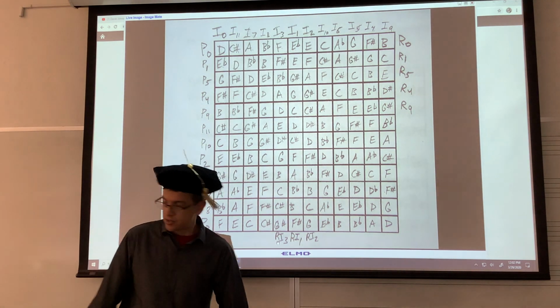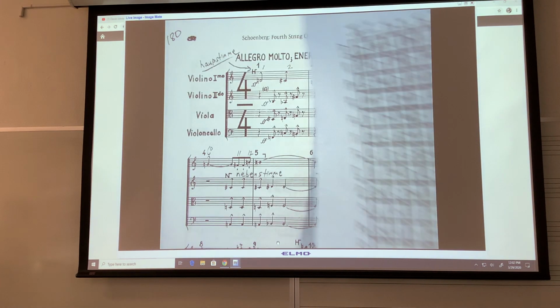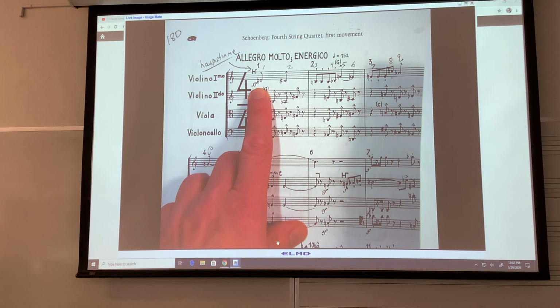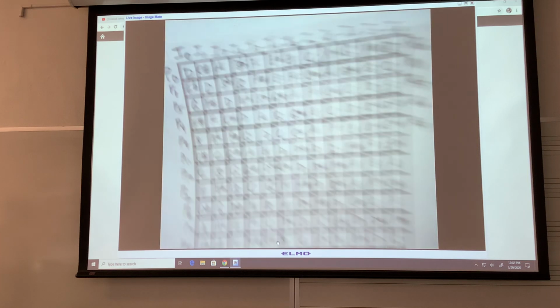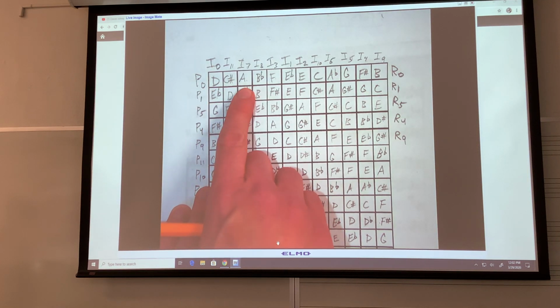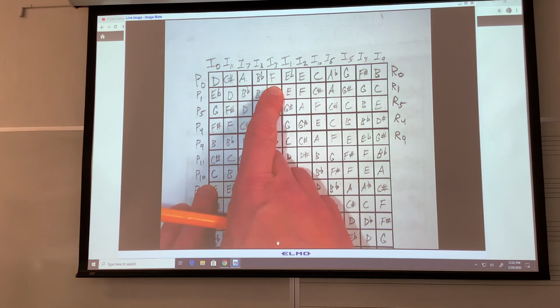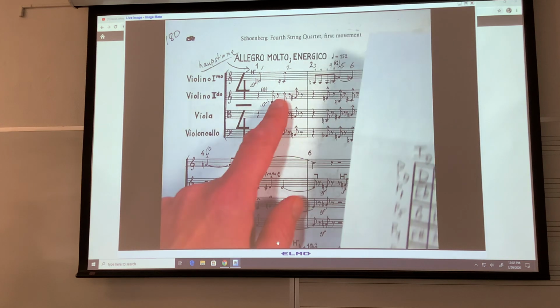All right, so we know that this starts with P0 because it starts D, C sharp, A, B flat, and check it out. There's P0, D, C sharp, A, B flat. So we've got our starting notes. And we also went ahead and labeled them.